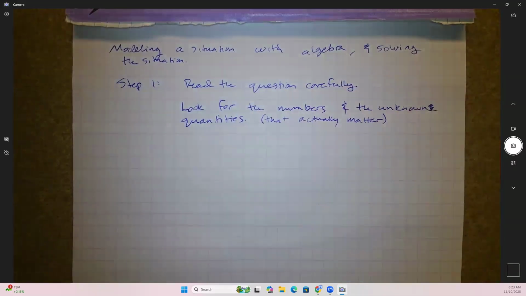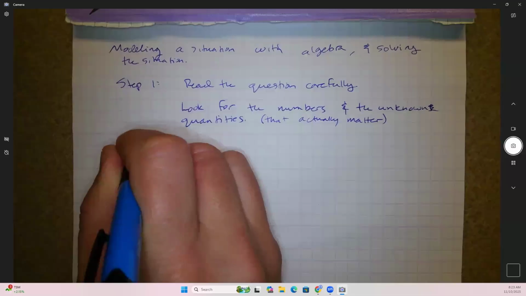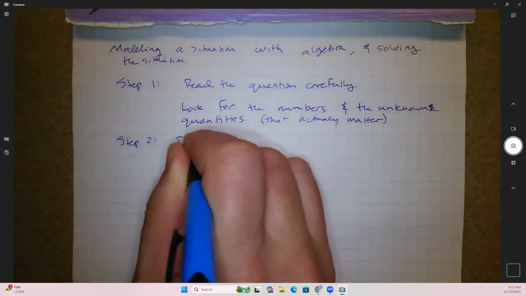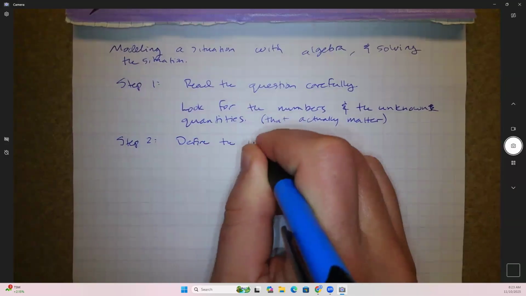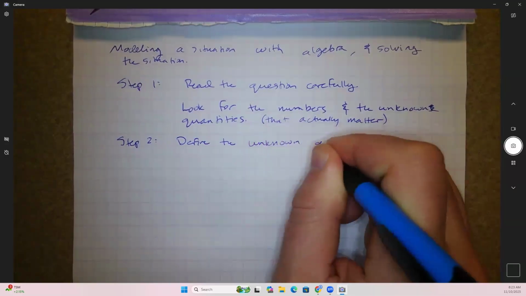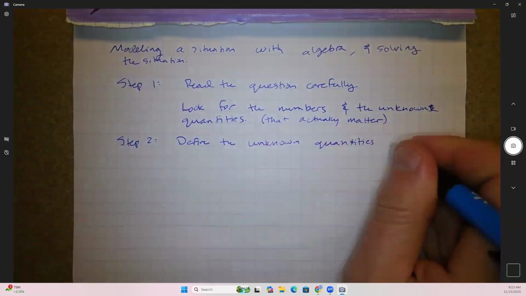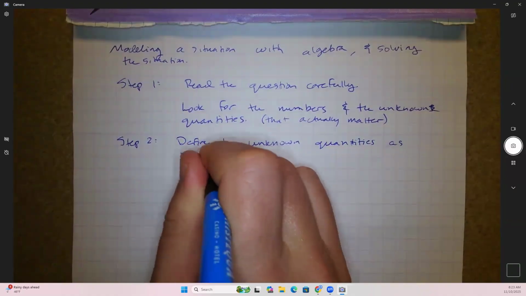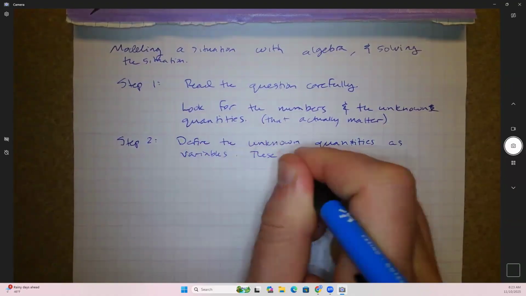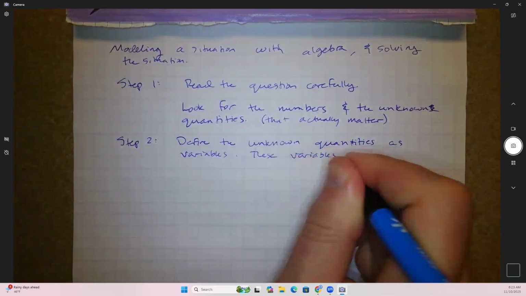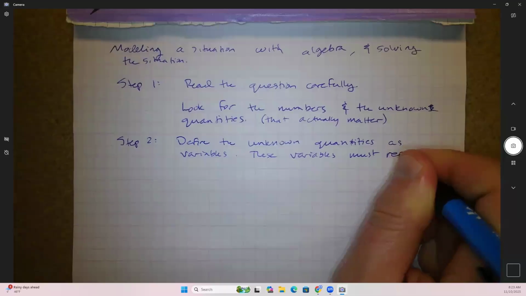I'll give you an example where there are numbers in the question, but those numbers don't actually matter when we model it. Step two is define the unknown quantities. Often there's just one, sometimes there's more than one, as variables. These variables must represent numbers.